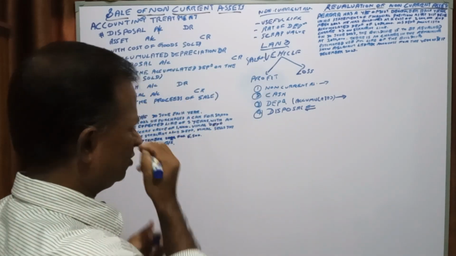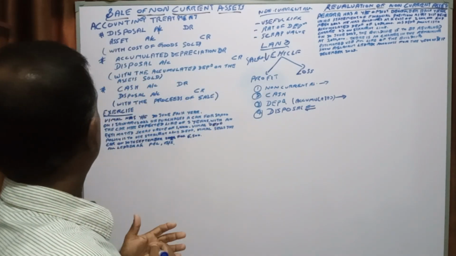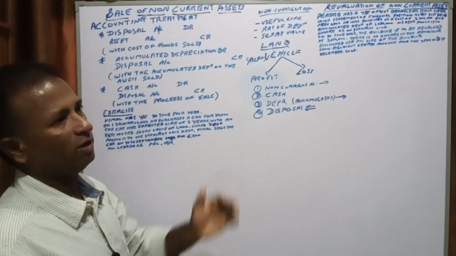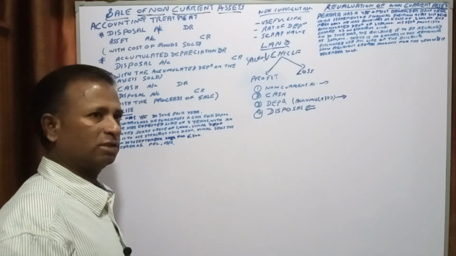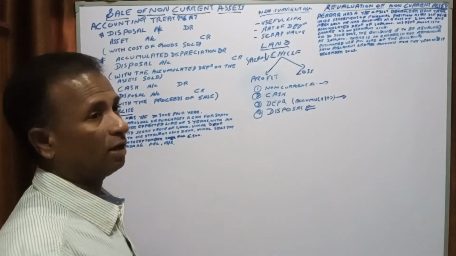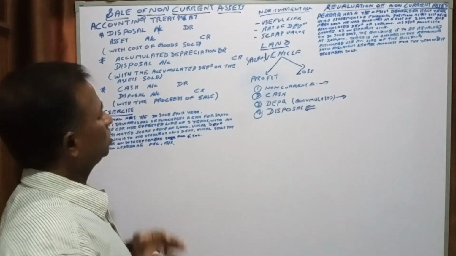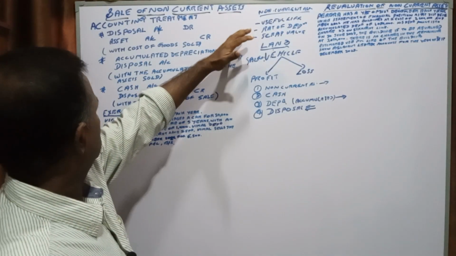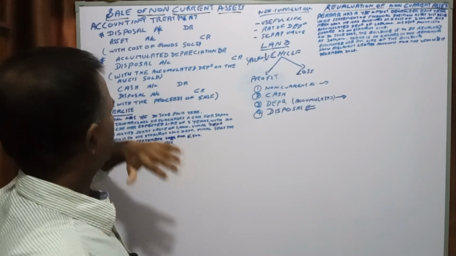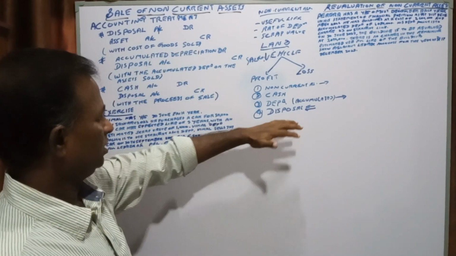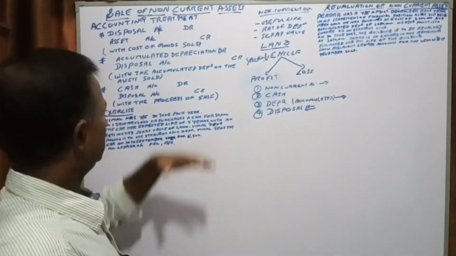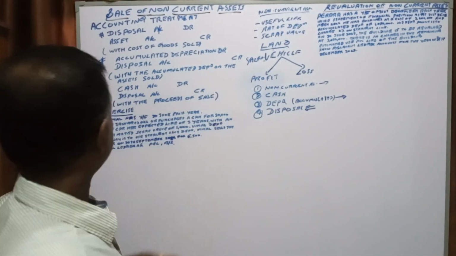Accumulated depreciation will always have a credit balance. So we debit accumulated depreciation and credit disposal account. Understood? This is the main second rule.